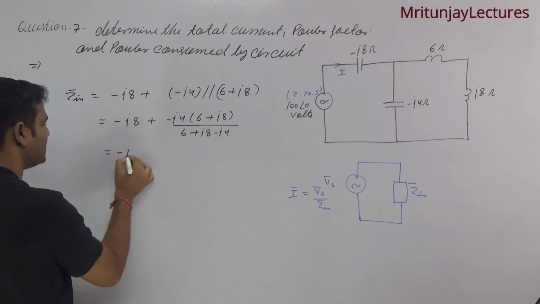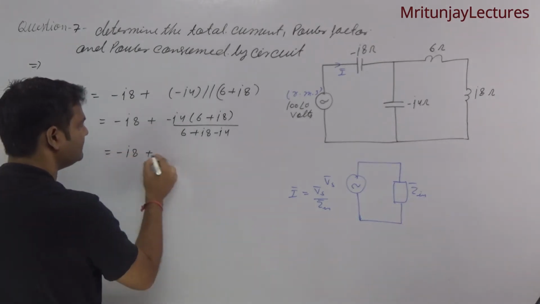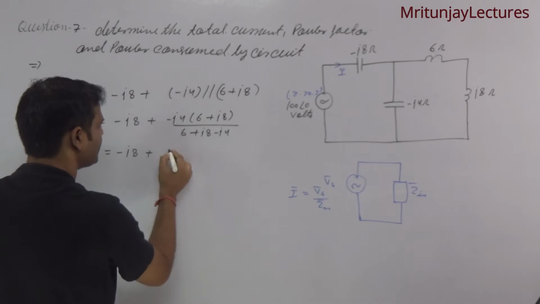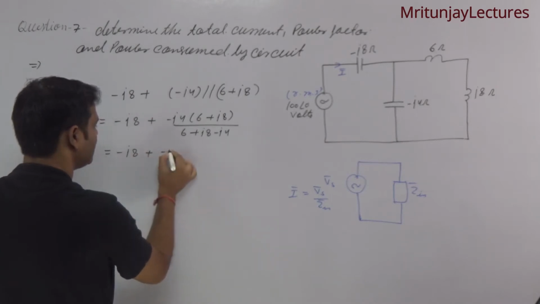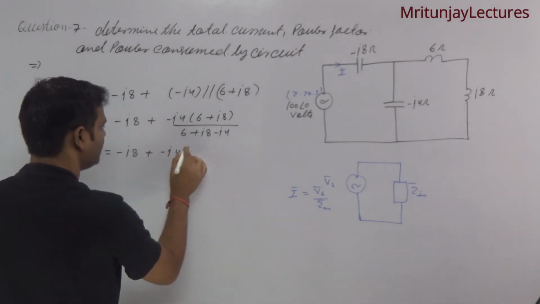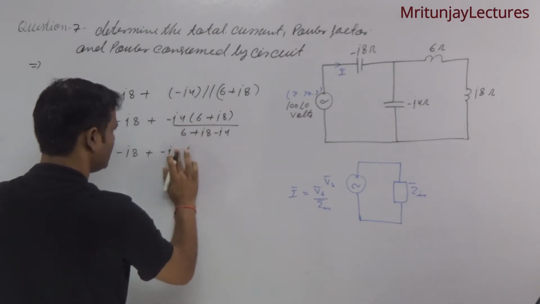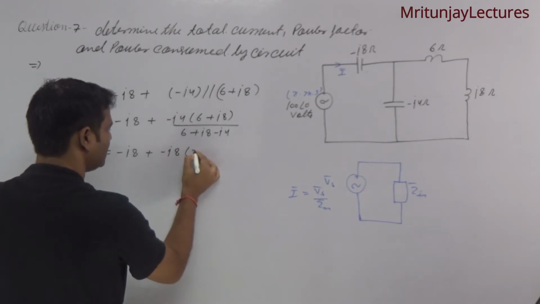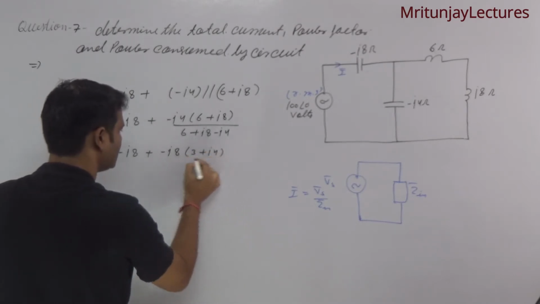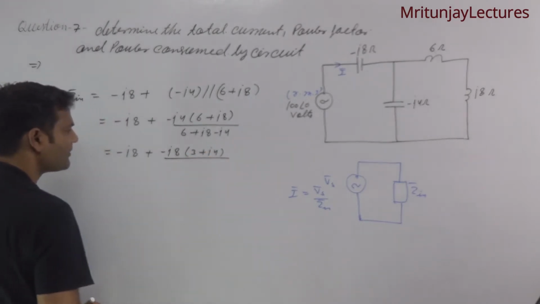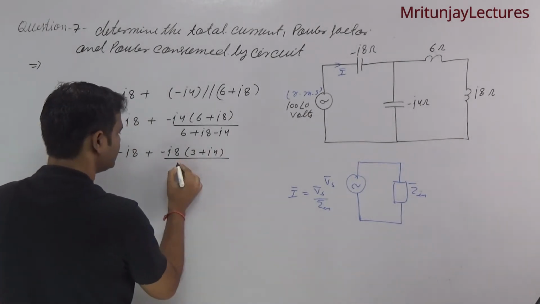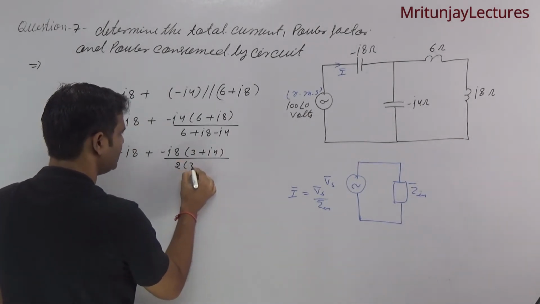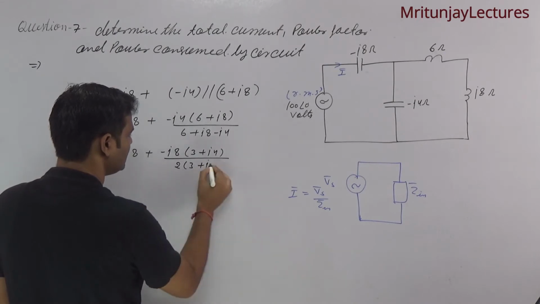Now minus J8 plus J4 into 6 plus J8 divided by 6 plus J8 minus J4. So minus J8 plus J4, if common is 2, into 4, that is 8, and that is 3 plus J4 divided by 6, means if common 2, then 3 plus J2.